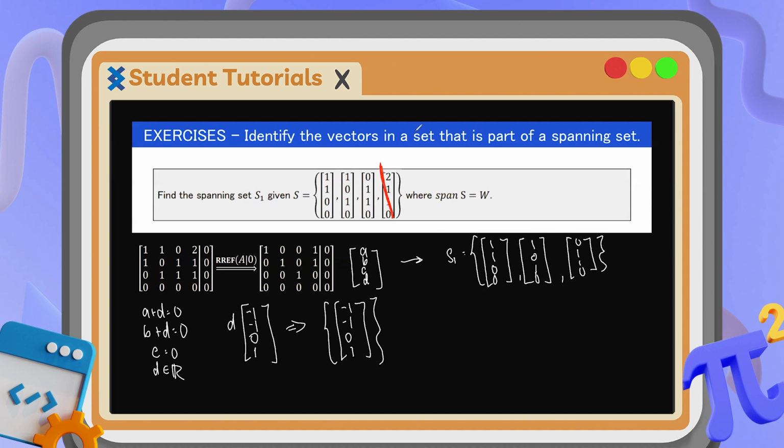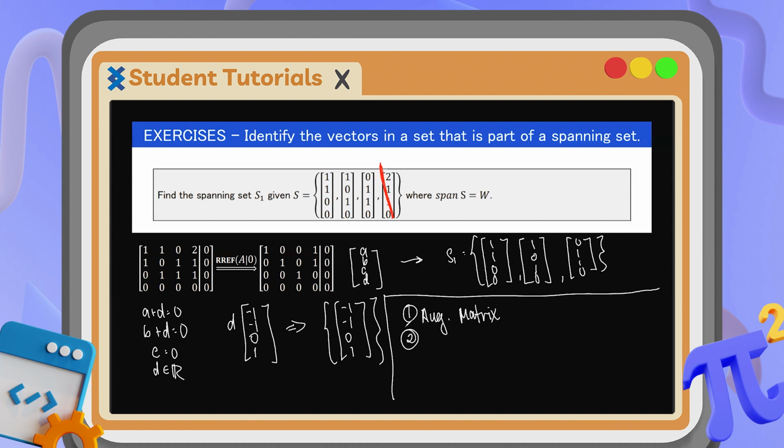So that is all for linear independence and spanning set. One thing to remember always is to first create the augmented matrix, if necessary, because you may have a given item where you're given the coefficient matrix and you're tasked to find the spanning set of the null space, which we have done earlier, and that does not require the augmented matrix.